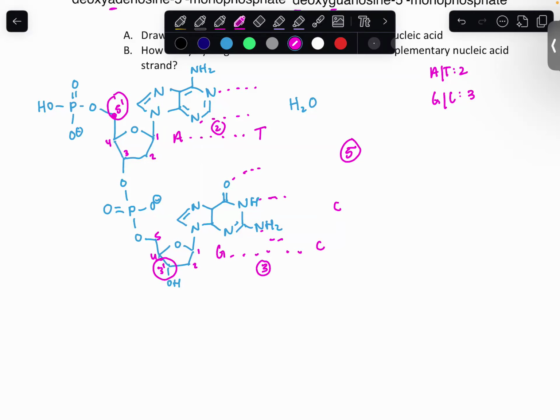So the highlighted parts are what would come together. This is the nitrogen base of cytosine, which is the complement to G.